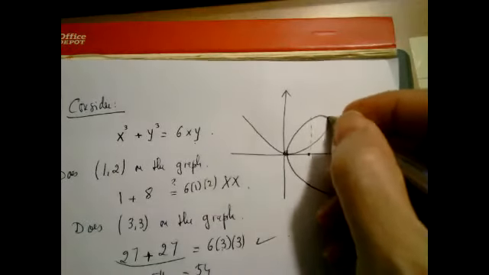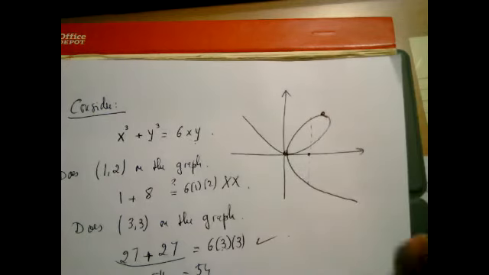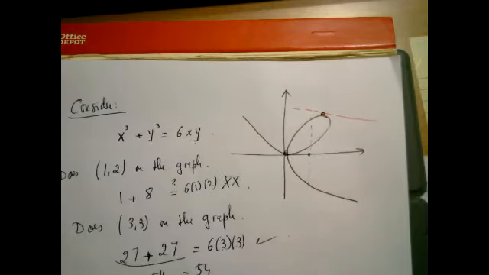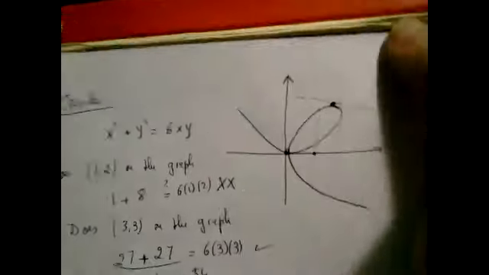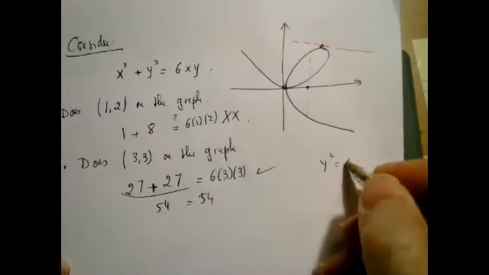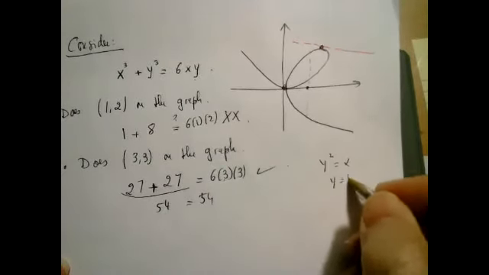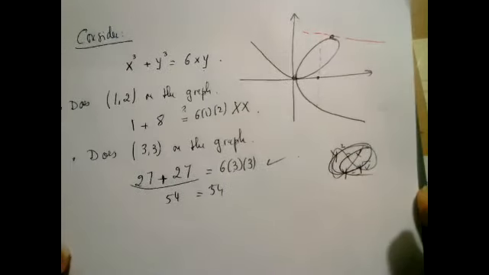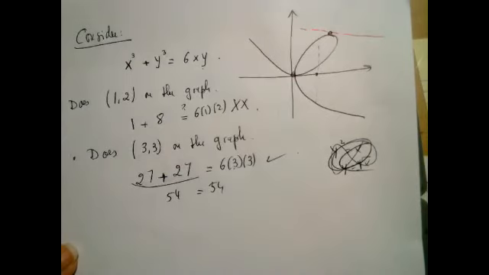All right. Now, 3, 3 is going to be somewhere in here, and my question is, what's the slope here? In the other problem, I started with an easy problem, y squared equals x, and I was able to solve for y as a function of x. Here, I cannot even solve for y. I still need the slope.